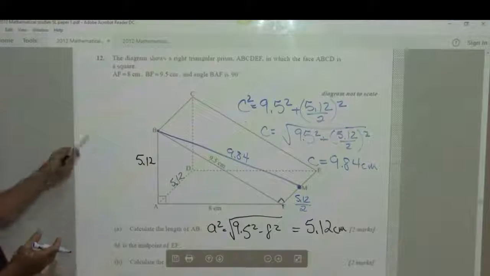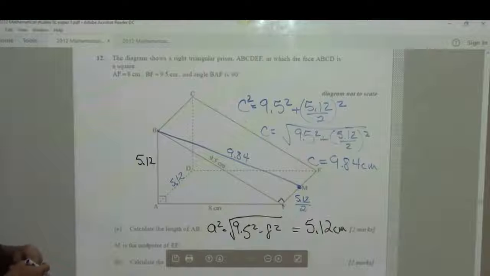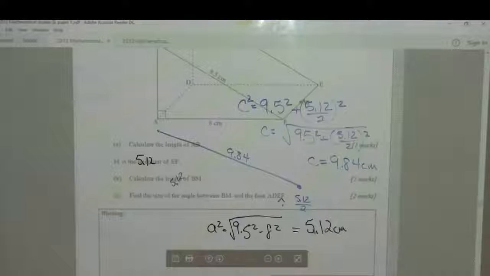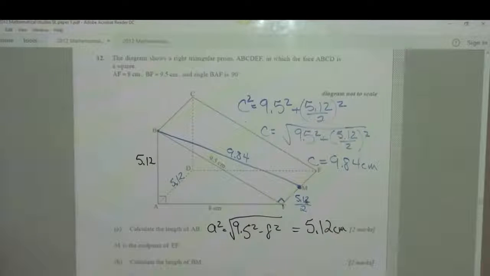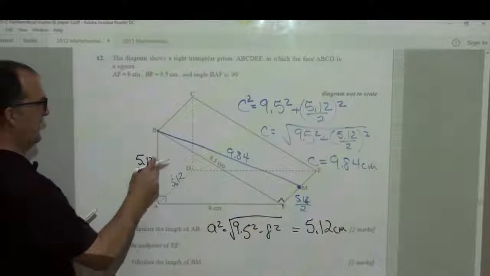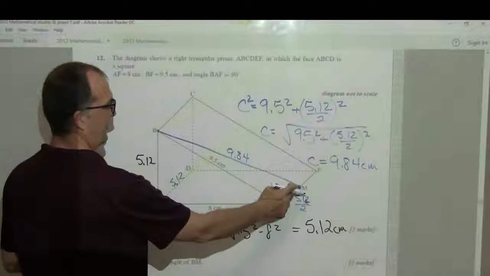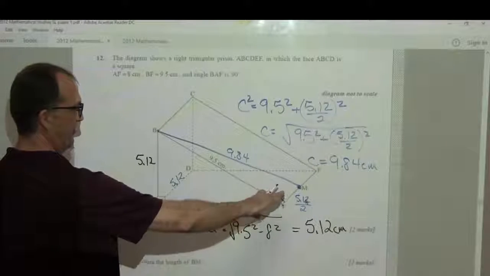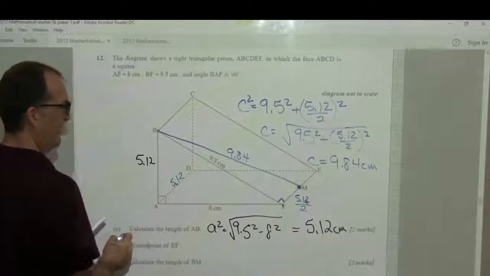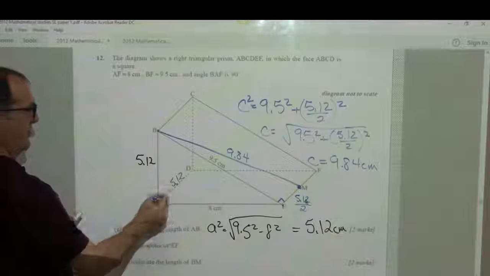I'm just going to scroll up for a moment so we can read the last question, and then we'll put it back down so we can continue. The question is saying they want you to find the size of the angle between BM and the face ADEF. So they're wanting you to find this angle between this line BM and the plane ADEF, basically the bottom of the prism.